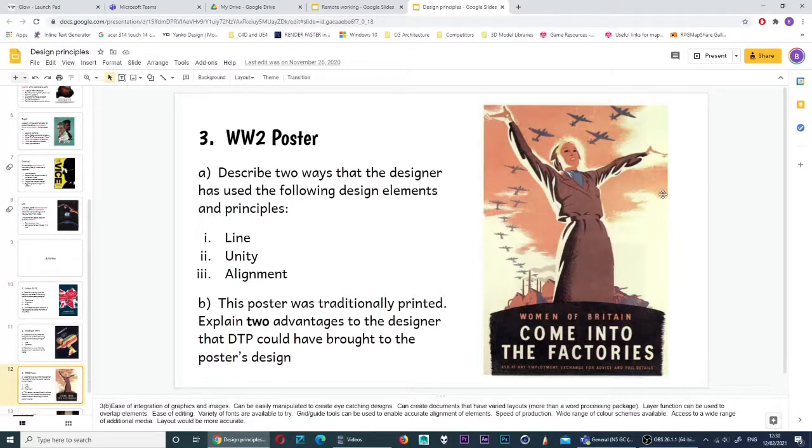Words are always kept to a minimum on posters. Words are kept to a minimum, and the graphic of the woman is doing all the work here. The graphic of the woman is enticing, it's triumphant, it's optimistic. There are planes in the background coming from factories, so the designer has been very clever and put a lot of his or her message in the drawings, and thus minimising the amount of words that we use. Let's look at some more things here.